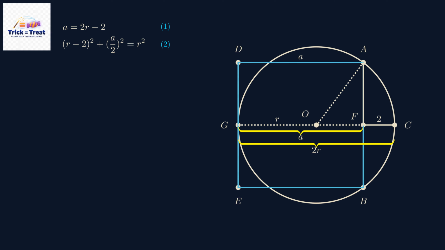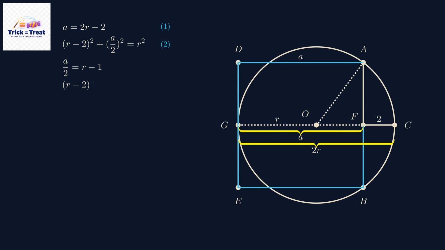We now have a system of two equations. Now look at our first equation. A equals 2R minus 2. Let's simplify that. If we divide by 2, we get A over 2 equals R minus 1. We can plug this directly into our equation 2.